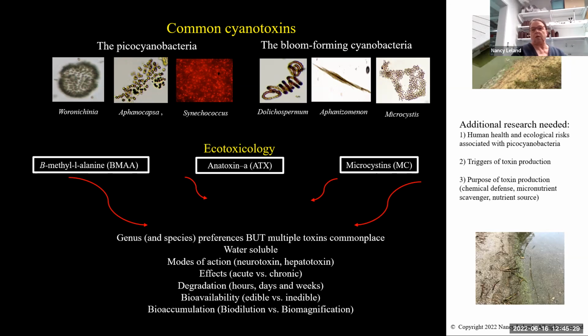One of them is called the chemical defense theory. There's also ideas that some of these may be micronutrient scavengers that help support the growth of these cyanobacteria. And then also that the cyanotoxins themselves, because they're highly rich in nitrogen, could potentially be a nutrient source for them.